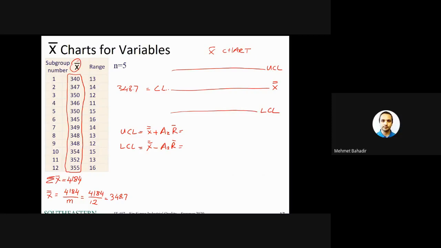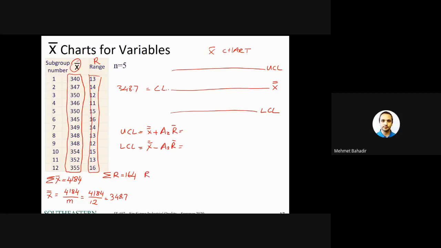So here we know X double bar, we can easily find A2. What we don't know is R bar. What is R bar? Average of ranges. Now we need to concentrate on the second column on our problem, the ranges. So first let's calculate the sigma ranges, right? Those are ranges, R values. What is the total of all the ranges? 164.